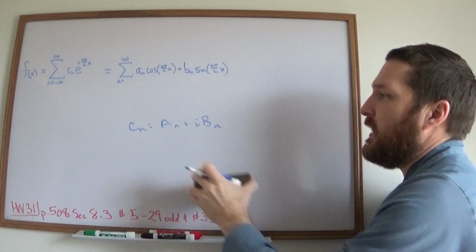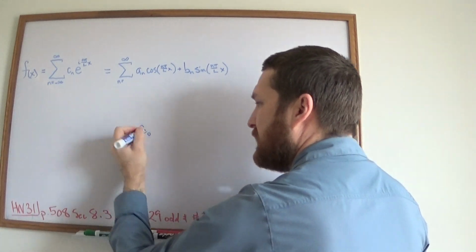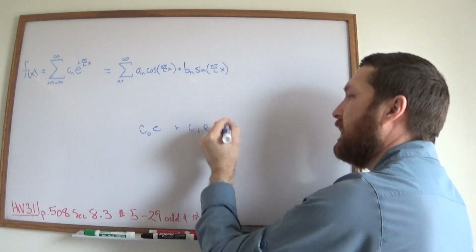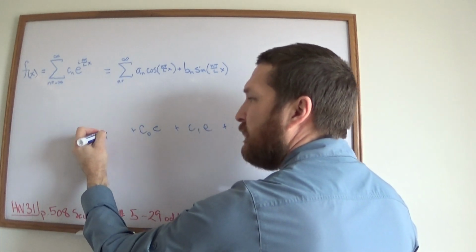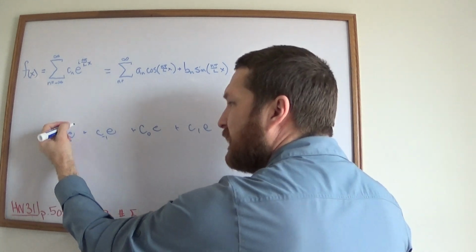And there's a way, I'm not going to write all the e's, but if I were to write this out, we'd have C0 and then the e thing, and then plus C1 and the e thing, and so on and so forth. We'd also have all the negatives. You'd have C negative 1 and the e to the stuff, C negative 2, e to the stuff.